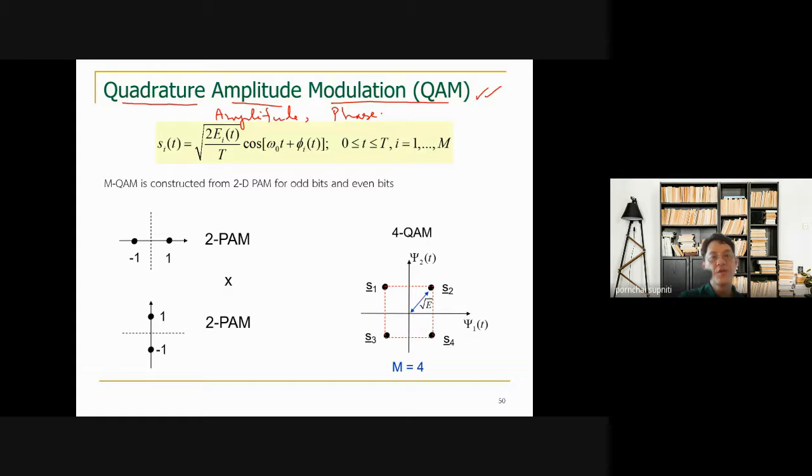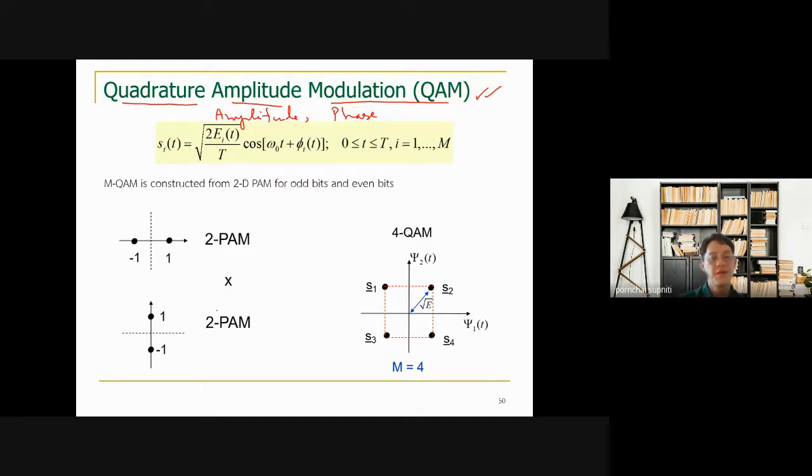This is in contrast to the previous modulation schemes, where we modulate amplitude only, or frequency only, or the phases only. But for QAM, they modulate both together.